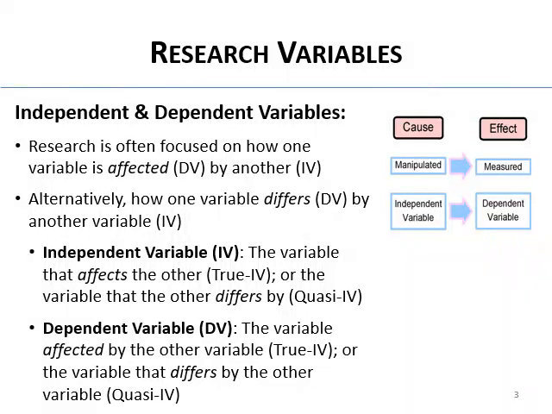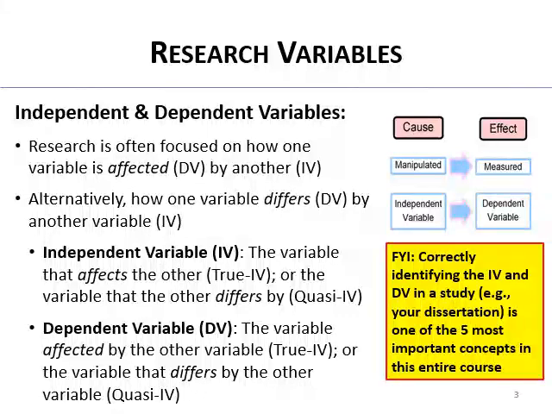The dependent variable, on the other hand, is the one that you think is affected by a true IV or that differs as a function of a quasi-IV. So that would be our dependent variable. We always just measure the DV. Sometimes we manipulate the IV. Sometimes we're just measuring the IV.